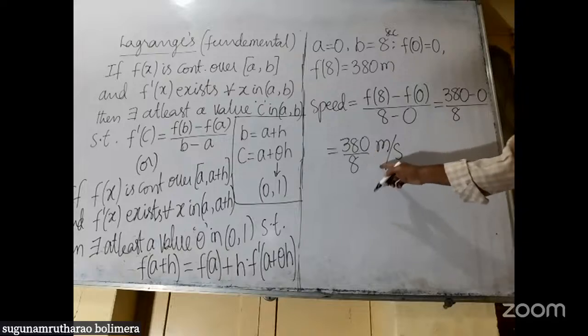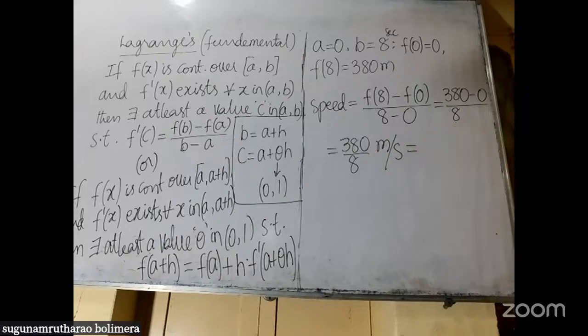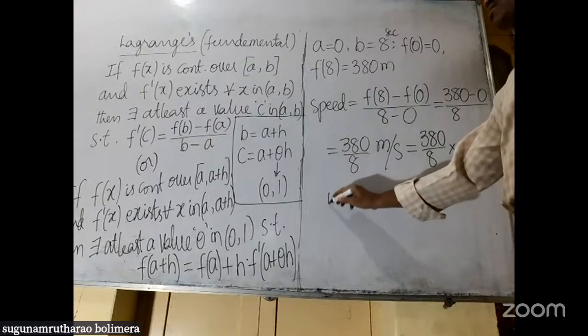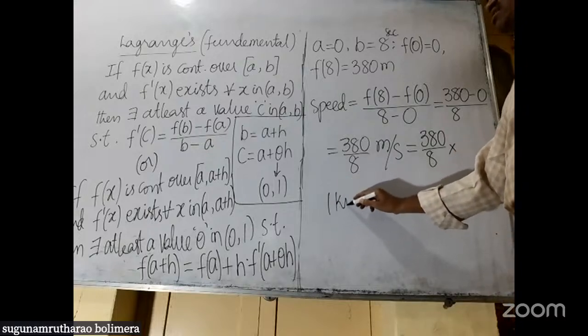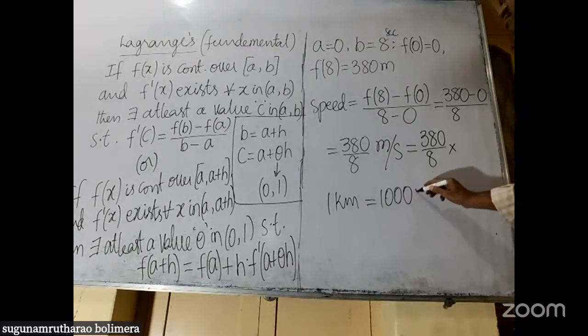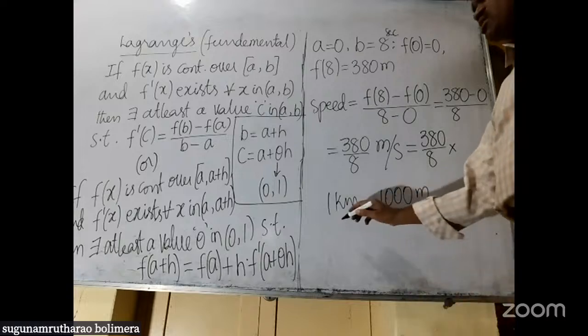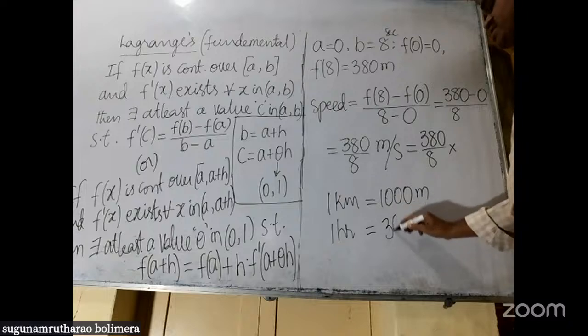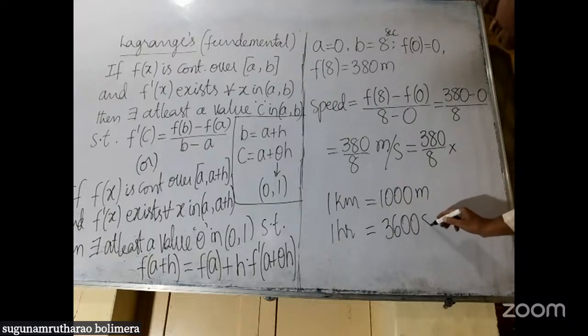How to write this in kilometer per hour? 1 kilometer is equal to 1000 meters, 1 hour is equal to 3600 seconds.